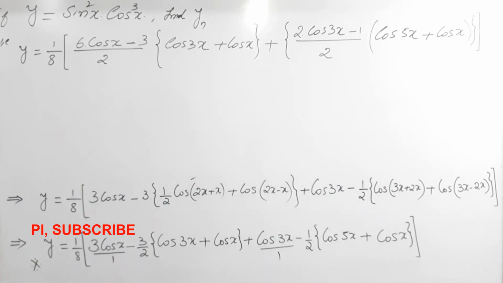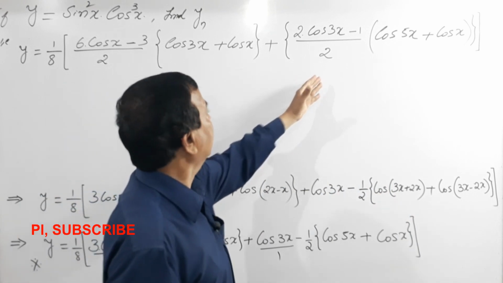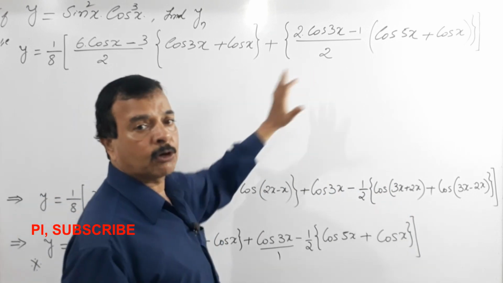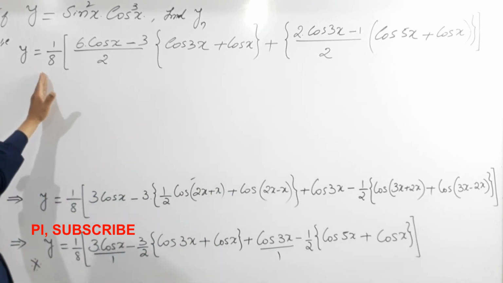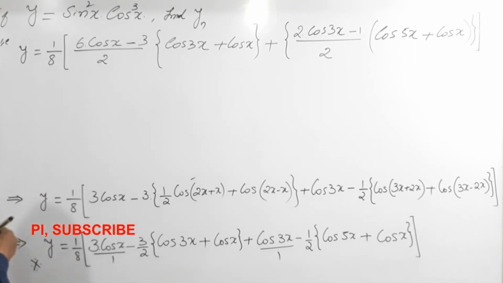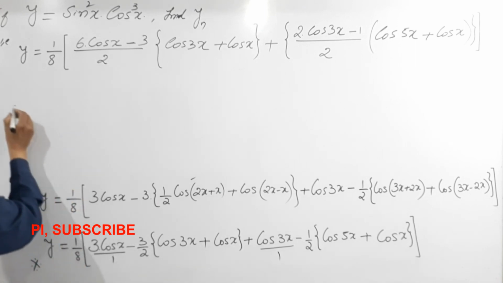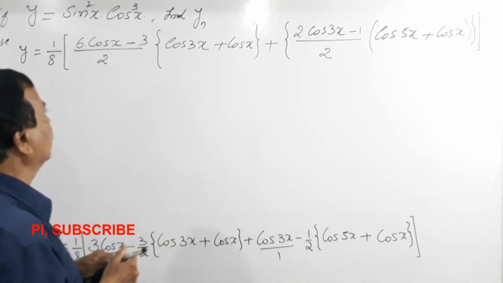What happens here? I will take this, where 1 by 2 is common. I will take the 1 by 2 outside and multiply that with 1 by 8. So 1 by 2 outside, one step, no issues. This step is very important, please note.